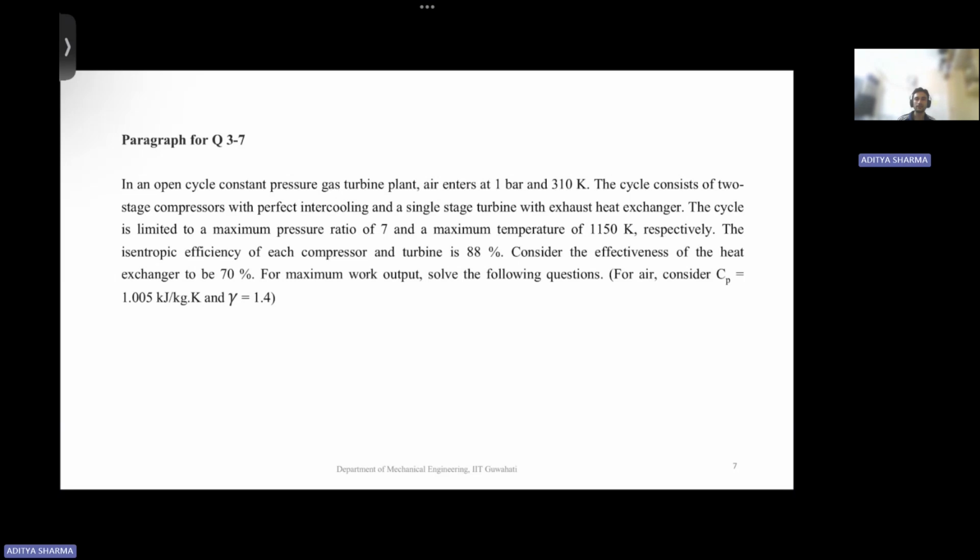The cycle is limited to a maximum pressure ratio of combined compressors or single turbine is 7, and maximum temperature, that is the exit of combustion chamber, is given as 1150 Kelvin.